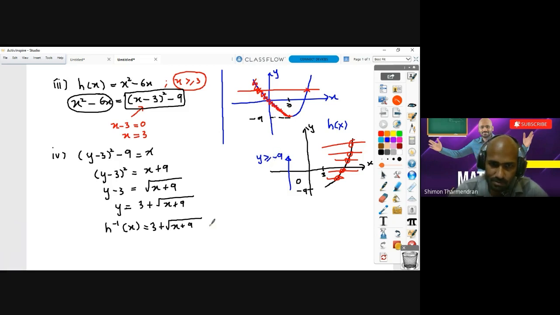But if I go to my inverse function, it becomes my domain. So the range becomes domain, domain becomes range. So just change the y to become x and you're done. Any questions so far on this concept? Okay, no questions so far.